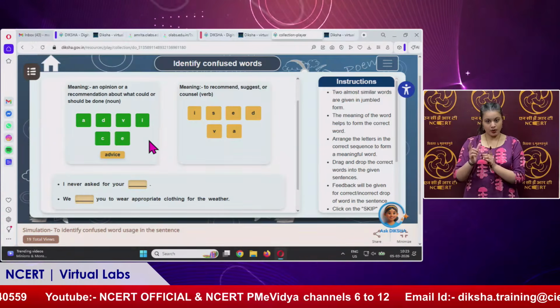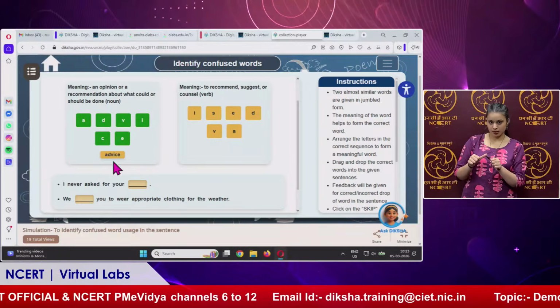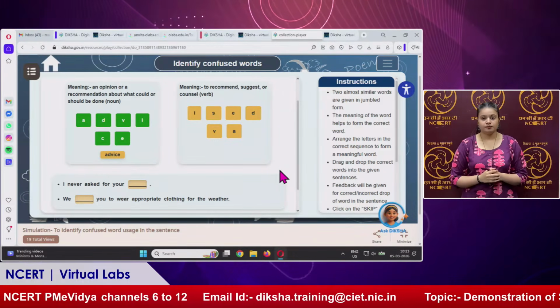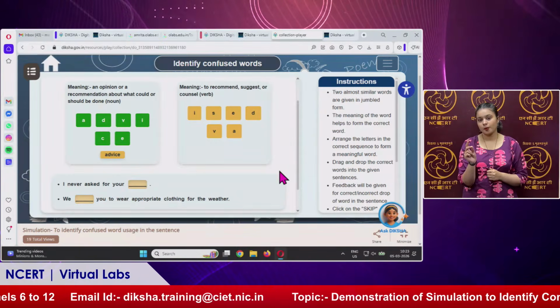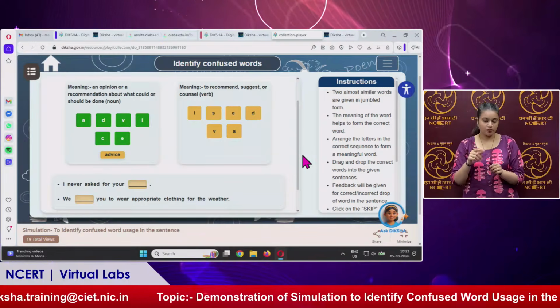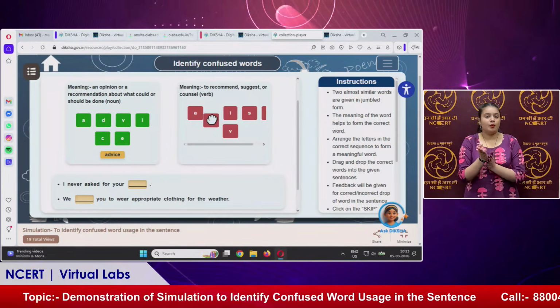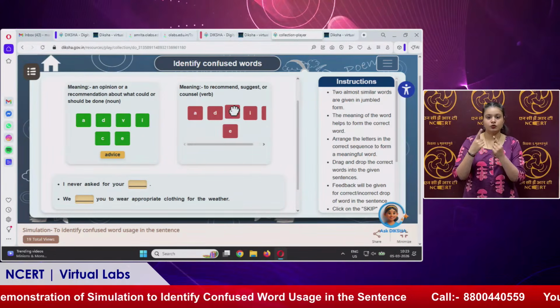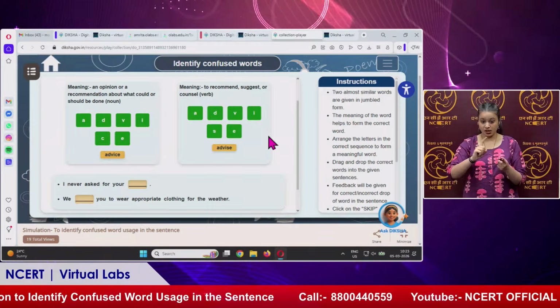We have done this for you before, and here comes the right answer. It's advice. And the second one is to recommend, suggest or counsel, verb. So SE, advise, ADVISE. This is something people have to be very careful about, where you have CE and SE.